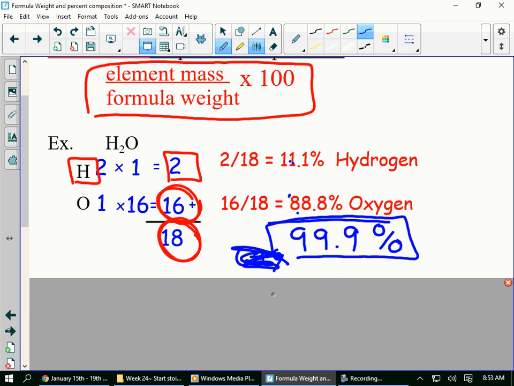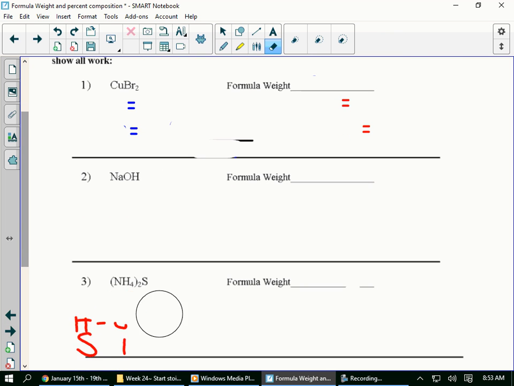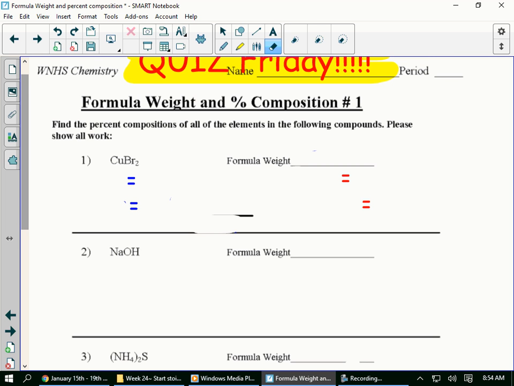Okay, so let's put this worksheet that I just gave you right in front of you. Let's do a couple. I'm going to do the first one with you if you would like. They get a little bit easier, and then they start getting a little bit harder after that. All right, so first step, I figure out what elements I have, and I figure out how many of them I have. What elements do you see in this copper 2 bromide? Copper and bromine. How many coppers do you have? 1.